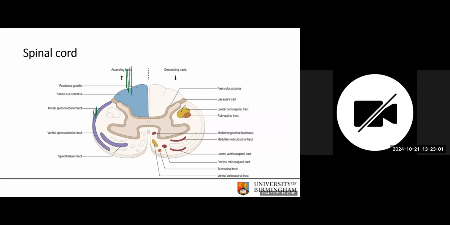So you will have one type of information here, another type of information here, etc. So that is how to understand how these ascending tracts will be going through in these ascending neurons or axons.